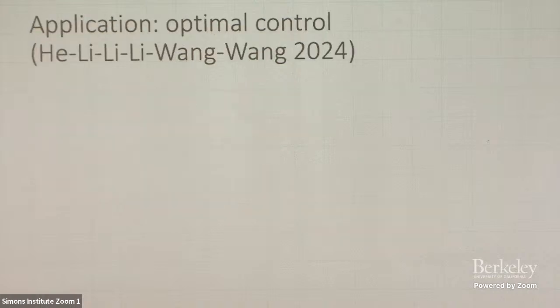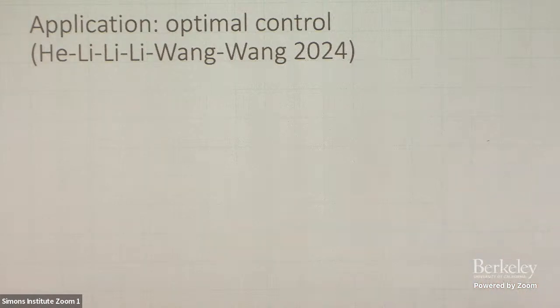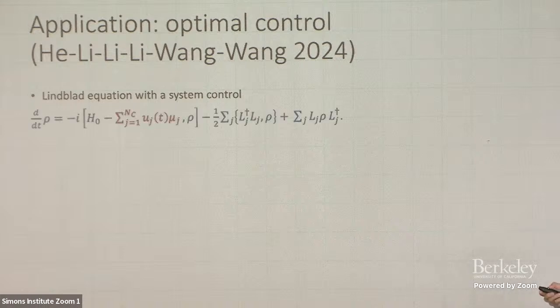Now that we have some efficient quantum algorithms for simulating the Lindblad equation, what can we do with it? The application that we focused on in the last few years is quantum optimal control problems. The way to think about this is the following.